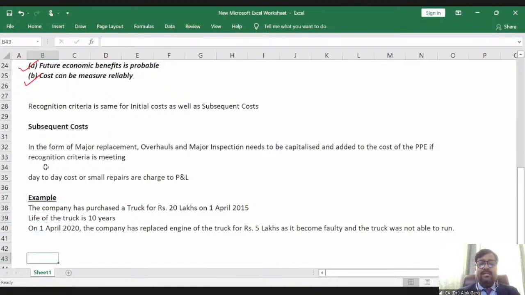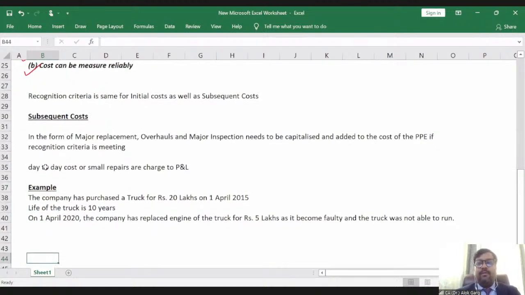Now the question arises: the life of the truck is 10 years, but after 5 years, this engine became faulty.